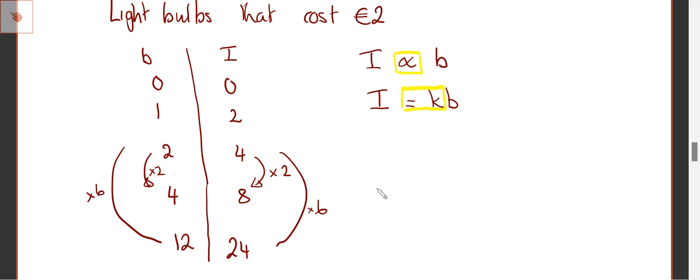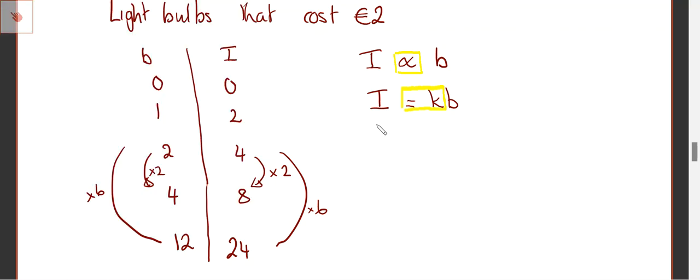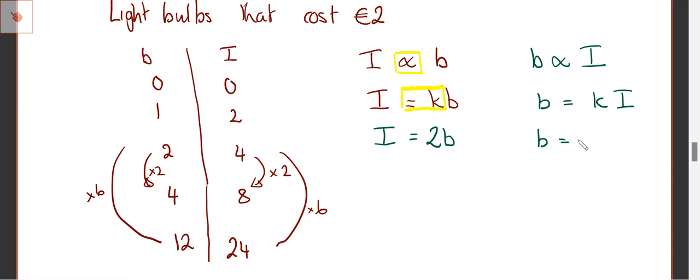Now how do we find K? Well, you wrote a function for this one, which was income equals 2B. Okay. I could also write it as B is proportional to I, therefore B equals KI. B equals K. What's K? 2.